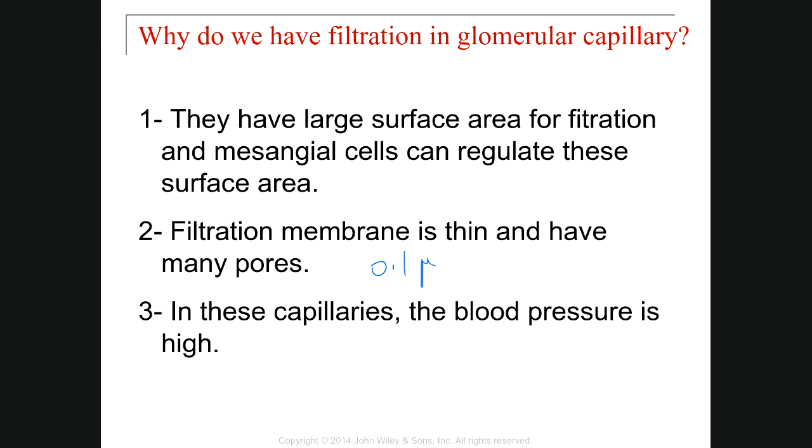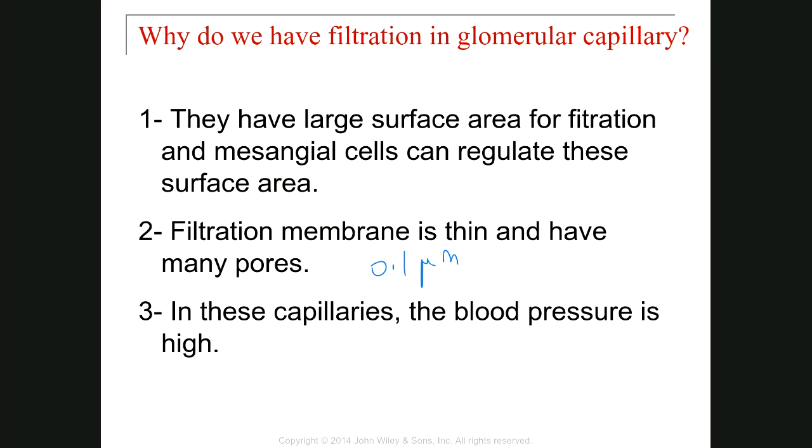The glomerular capillaries also are about 50 times leakier than the capillaries in the other parts of our body because they have large fenestrations, and their fenestrations don't have any valve to protect and cover them.